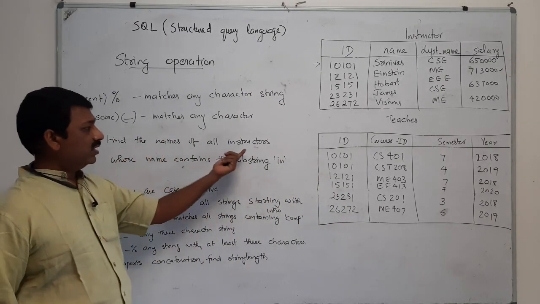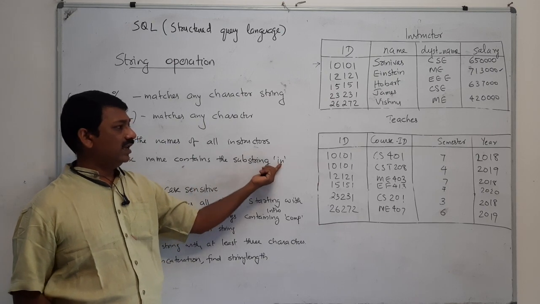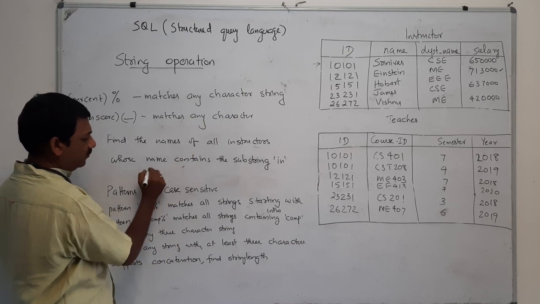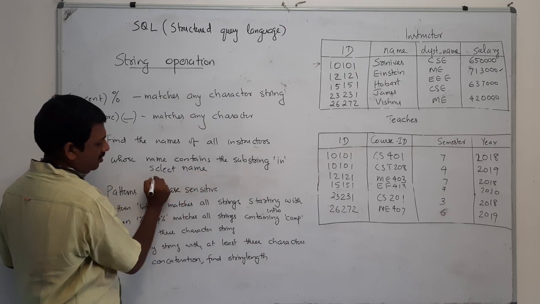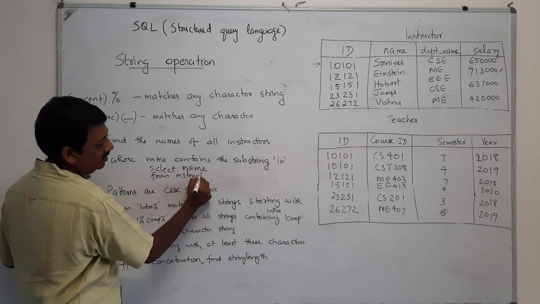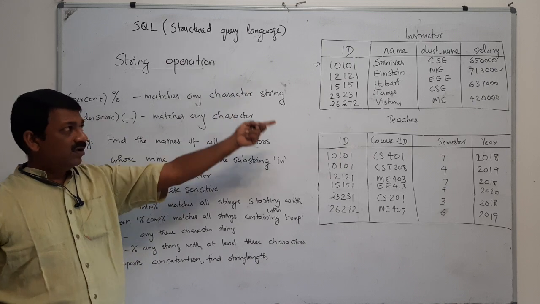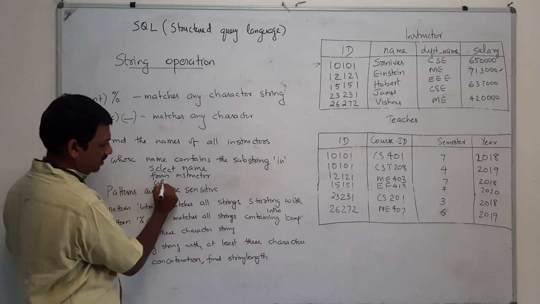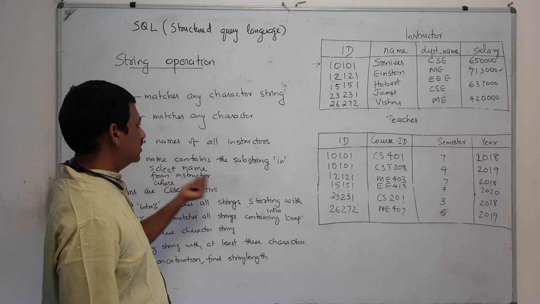For example, find the names of all instructors whose name contains the string in. I am going to write a query for this. Select name from instructor, that is, I am going to select the name of all instructors, where the name contains in.